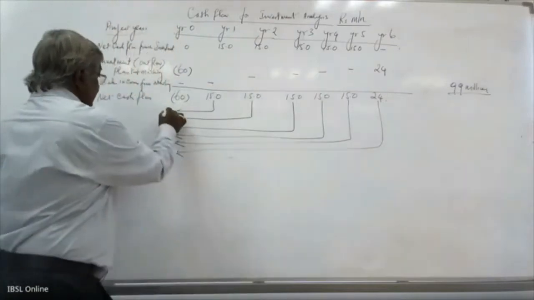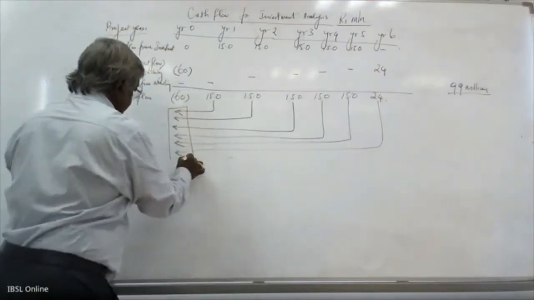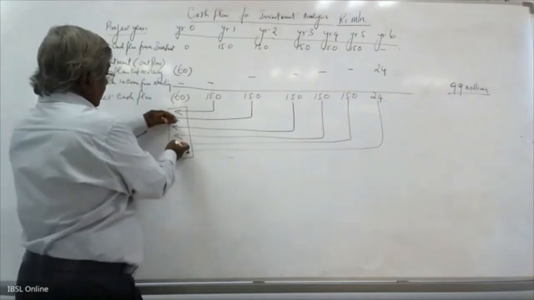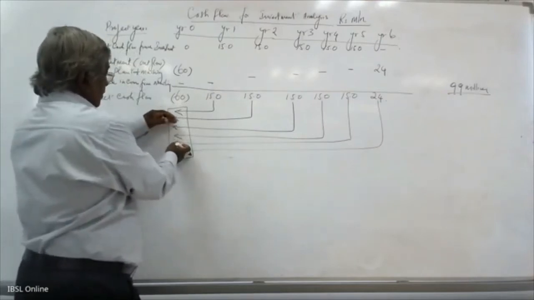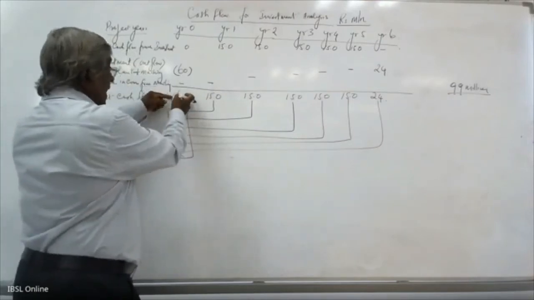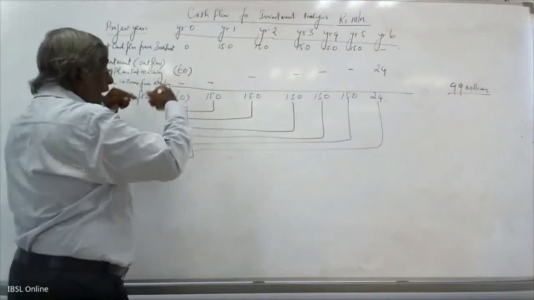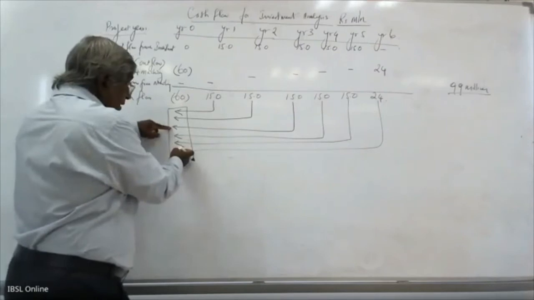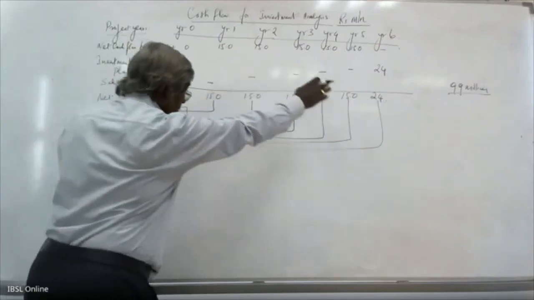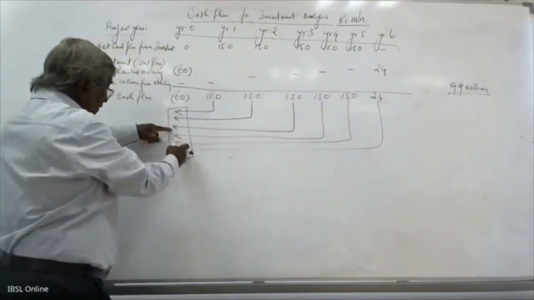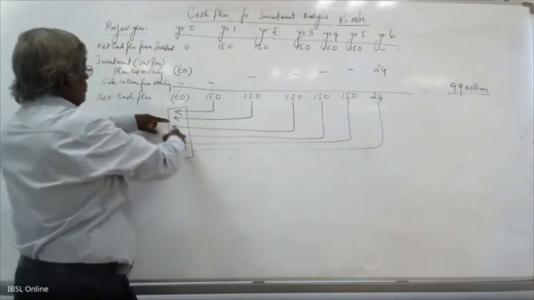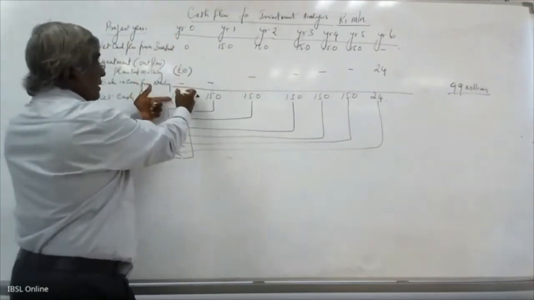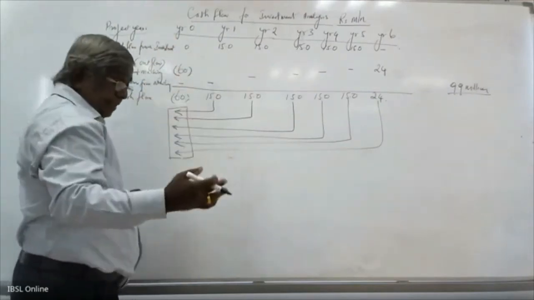Converting the future values to the present value, then total it up and see whether this total present value is more than 60 million or less than 60 million. If the total of the present values of these future values is more than 60 million, it is worthy.